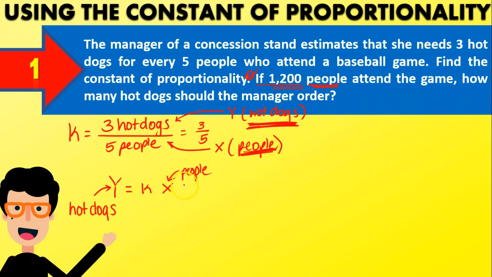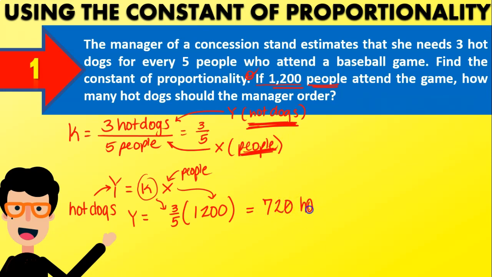So y is equal to the value of k, which we already found out is 3 divided by 5, multiplied by the amount of people, which we're given is 1,200. So the amount of hot dogs, or y, is 3 divided by 5 multiplied by 1,200, and that is 720 hot dogs.